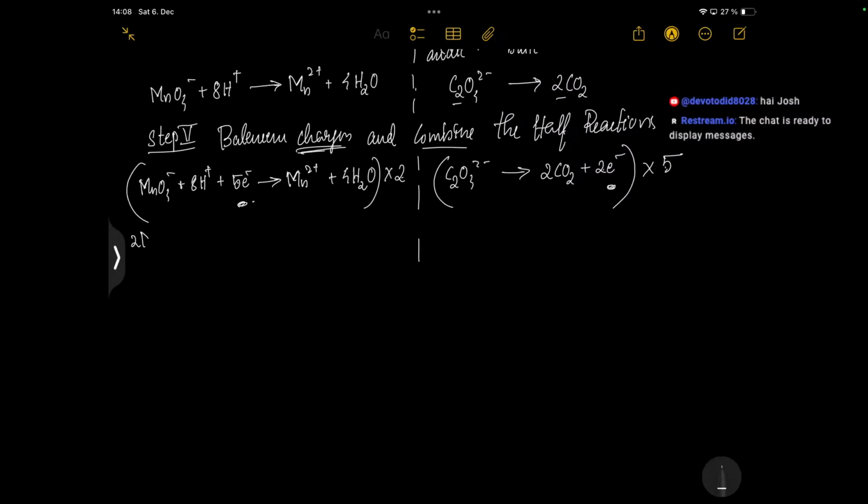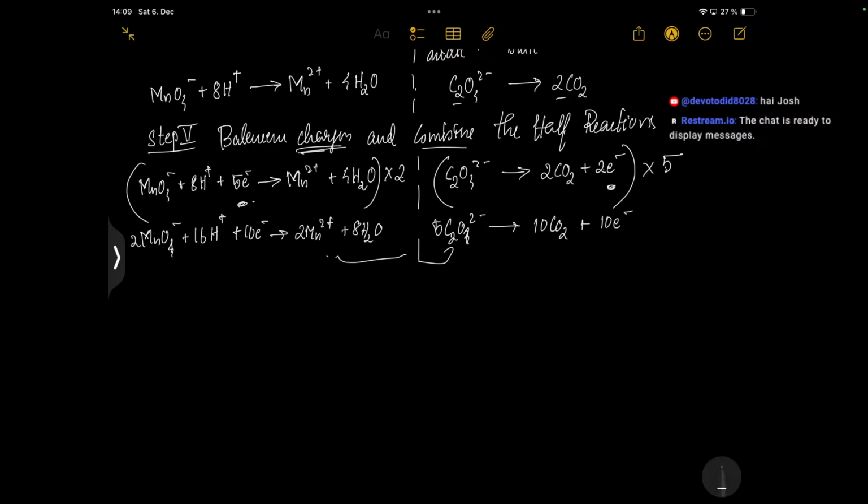So 2 MnO4 minus plus 16H plus plus 10e minus gives 2 Mn2 plus plus 8H2O, and 5C2O4 2 minus gives 10CO2 plus 10e minus. Look at that. We got 10 electrons on both sides.